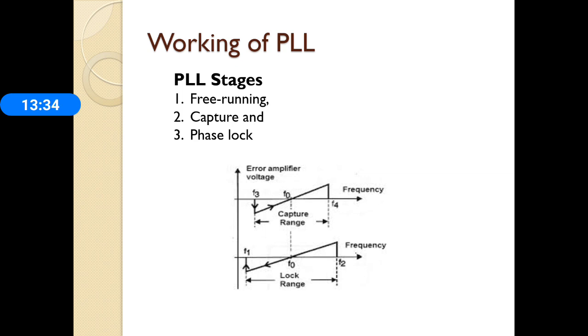So the VCO output frequency increases from Fr continuously till F0 becomes equal to Fi. The VCO frequency, that is F0, locks with the input signal frequency, that is Fi, up to Fd2. Now if the frequency of the input signal falls below Fd2, then the error voltage VER will fall to 0 and the VCO will operate at the free running frequency.